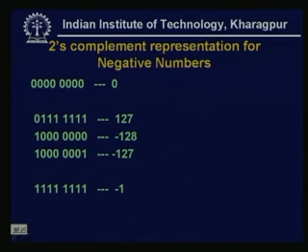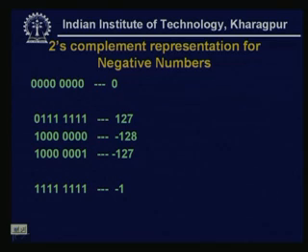Now, 10000000 is a 2's complement number and this is minus 128. 10000001 means minus 127, and all 1s means minus 1.